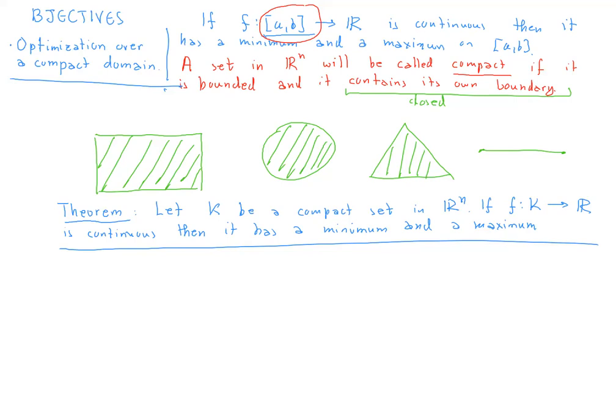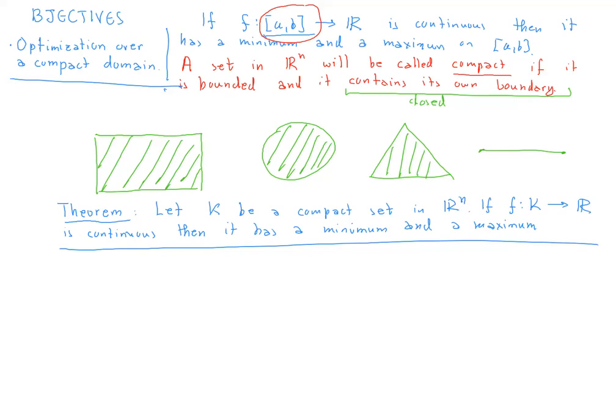The only possible issue here is that our boundary, which will be the analog of the endpoints in our case, consists of infinitely many points. So it's not that simple to make a list.